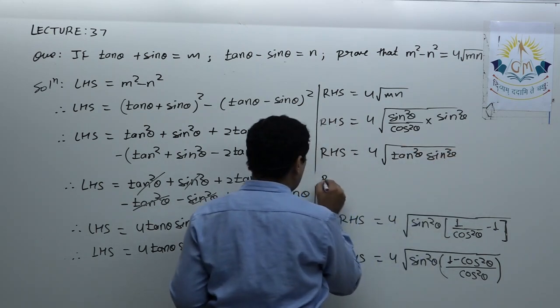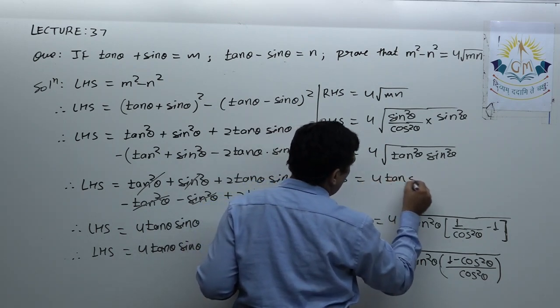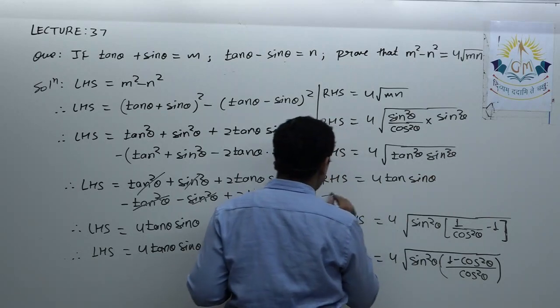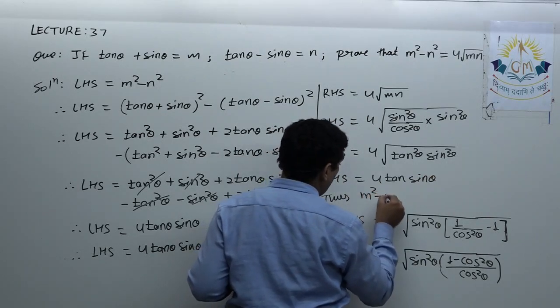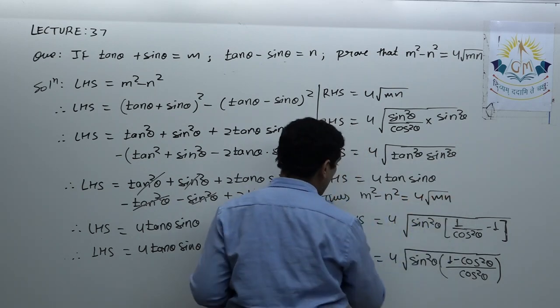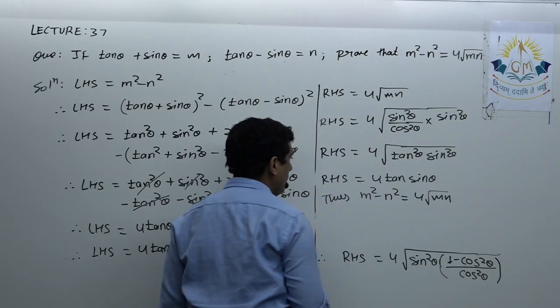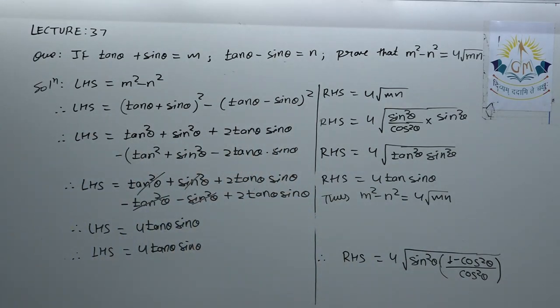When I take the square root, I will get 4 tan theta sine theta. Thus we can say m square minus n square is equal to 4 root mn. Okay, we got the left hand side is equal to right hand side. So please note down the remaining, then we'll see the next question.